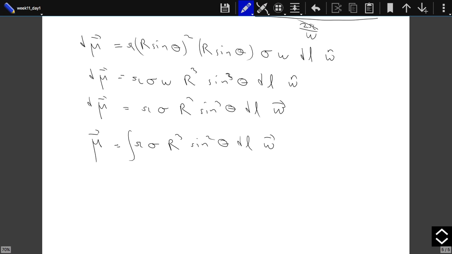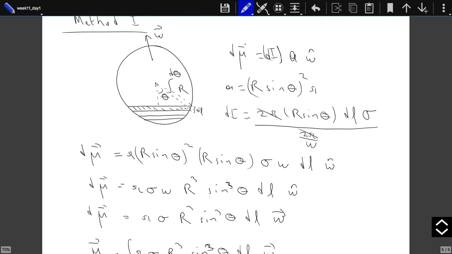Now what remains is I have to relate dl and theta somehow. So how should I do that? How are they related, dl and theta?